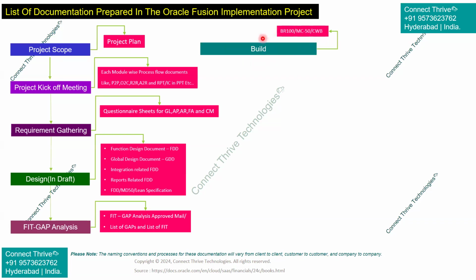So please keep in mind these three naming conventions are the same. There is no difference. The usage will be the same. The naming convention could differ from customer to customer, client to client, business to business, but the usage of the document is the same. There is no difference.